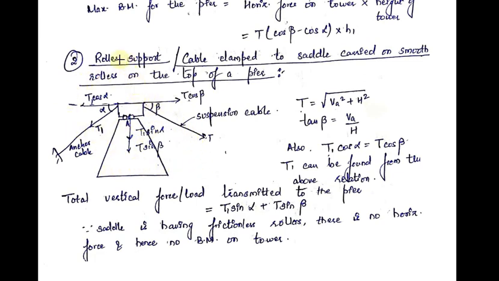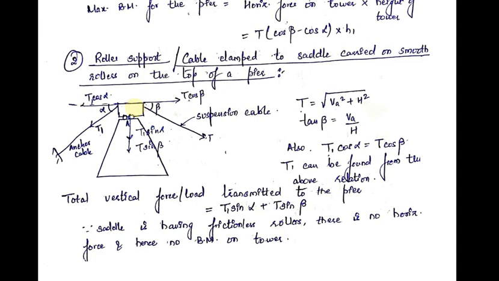So providing this type of support system has an advantage, that no bending moment is produced in the tower, because the cables are supported on the saddle, which has rollers at the base, and whenever any horizontal force is applied on the saddle, this saddle just moves, and when it moves, no horizontal force is produced, because horizontal force will be produced only when there is a restraint to the horizontal motion.